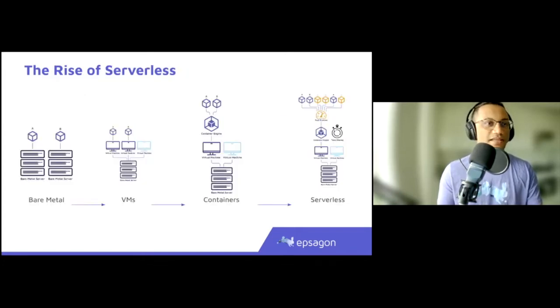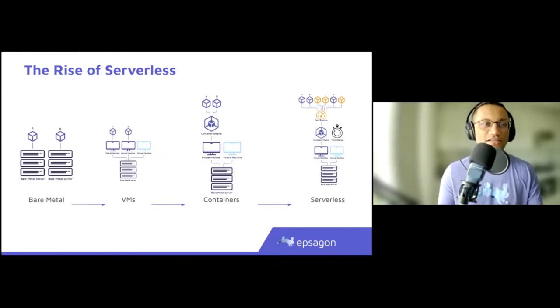Similarly, over the past decade or so, we have seen the rise of serverless as well. Earlier, applications were built very close to the hardware or bare metal. So in those days, it was pretty fun. You would want to ship the hardware to your place, either dock it yourself or use professional services, install the operating system, figure out the networking, and then you could get to application coding.